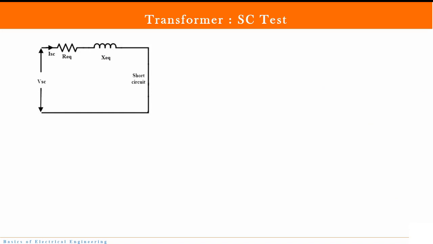See, this was the equivalent circuit. So what parameters do we get? Here we get the power, which is the copper loss. Then we get the equivalent resistance referred to HV side. Why referred to HV side? Because we have shifted the secondary impedance towards the primary, so that is referred to primary.